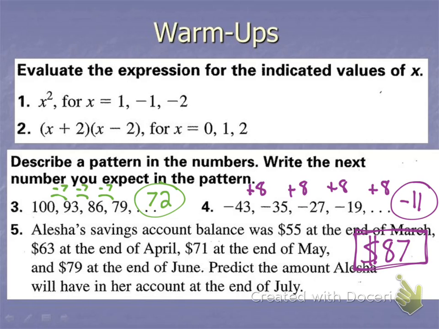It appears that Alicia is saving $8 every month. Everyone agree? Anyone agree? Yeah. Good. If she saves $8 extra from, what was the last month? June. By the end of July, we assume she has $87. Good. Questions on the warm-up?